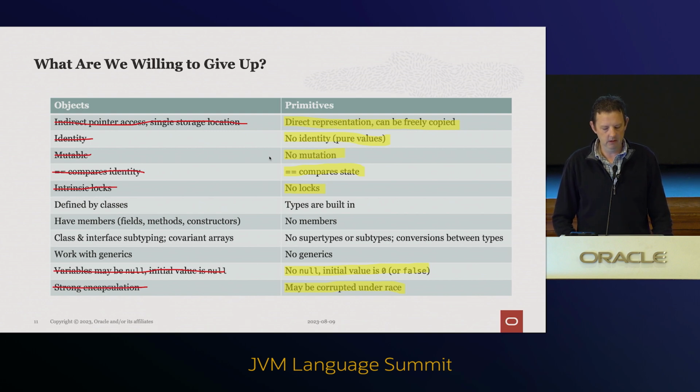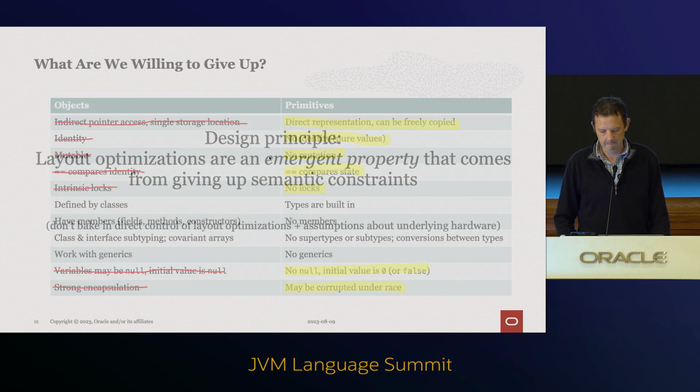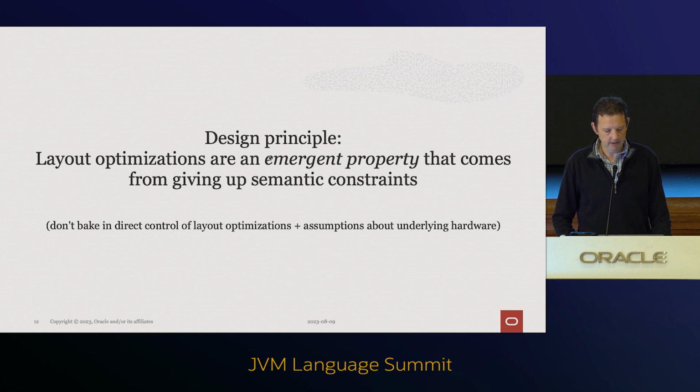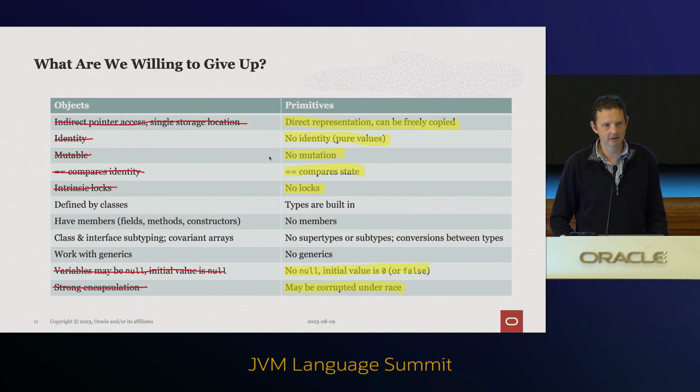And so the goal in Valhalla is to offer programmers the choice to make those trade-offs. The design principle here is we want the layout optimizations to be an emergent property of semantic things. So there's a lot of different semantic properties in this table.